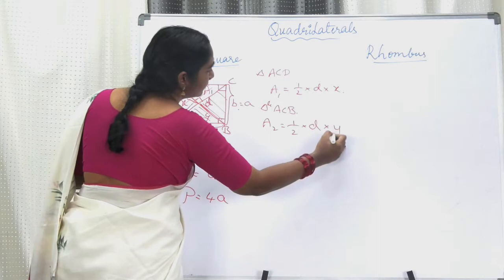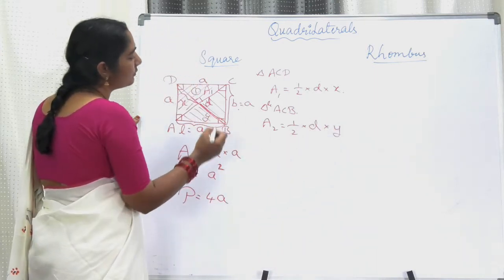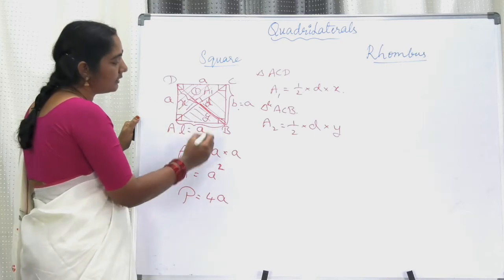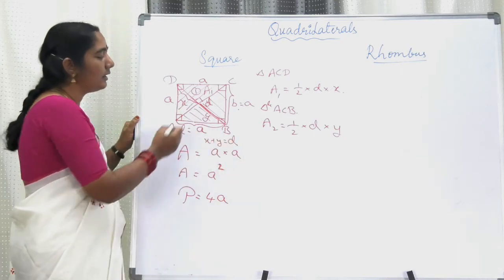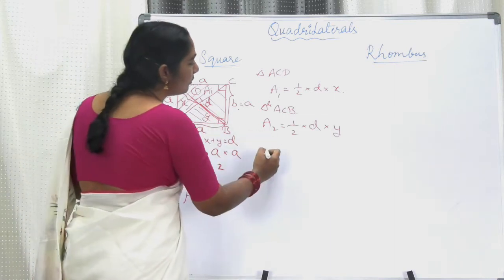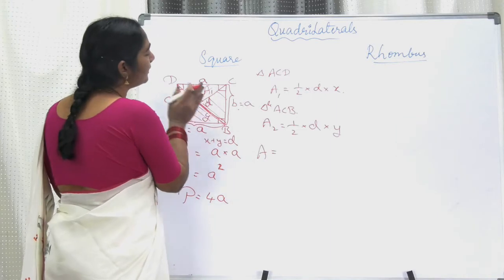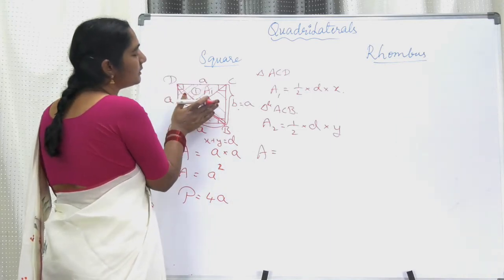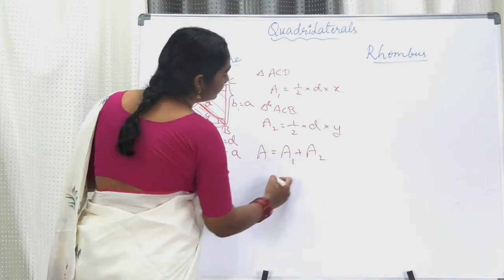So we see here this is x and this is y. From the diagram you can see that x plus y is equal to the other diagonal d. When you add these two, the area of the total figure is the area of this triangle plus this triangle. So A is A1 plus A2.